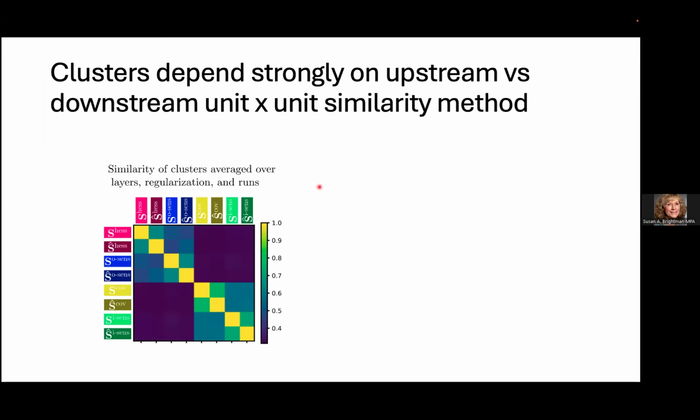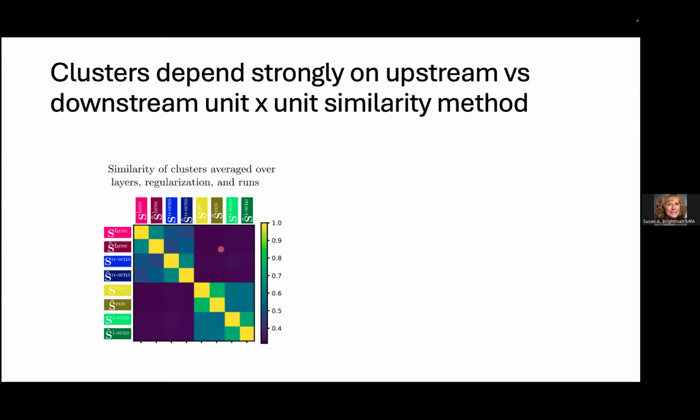Hiding or glossing over a number of details here, but we trained a bunch of models and we looked at these measures and we formed clusters of units and we asked how much those clusters agree with each other. And what we found was a group of methods over here, the magenta and blue ones, all agree with cluster assignments, and these yellow and green ones over here all agree about the cluster assignments.